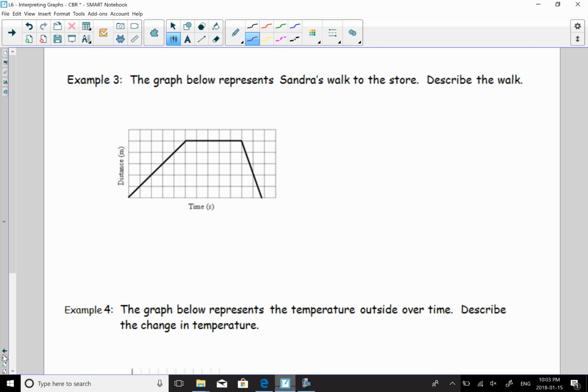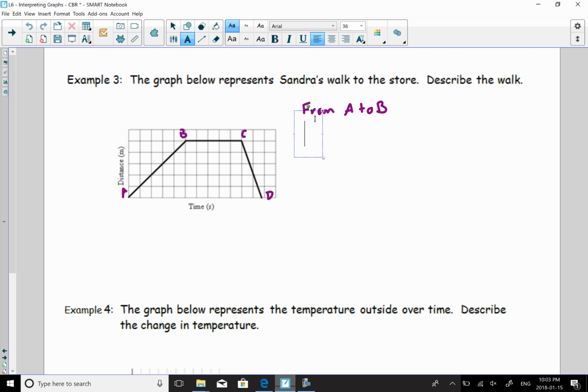The graph below represents Sansa's walk to school. Describe the walk. So here we have time versus distance. So we're going to make up a story. Let's label it A, B, C, D, just to help our story. So from A to B, Sandra is leaving the house.